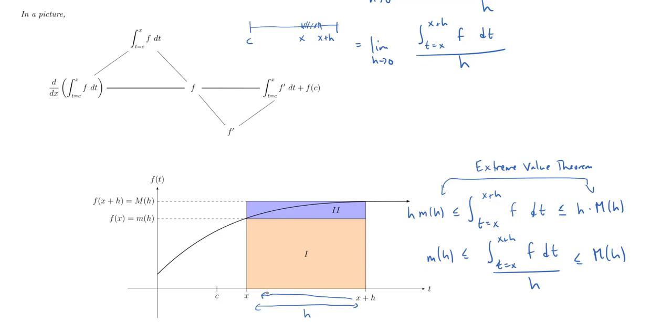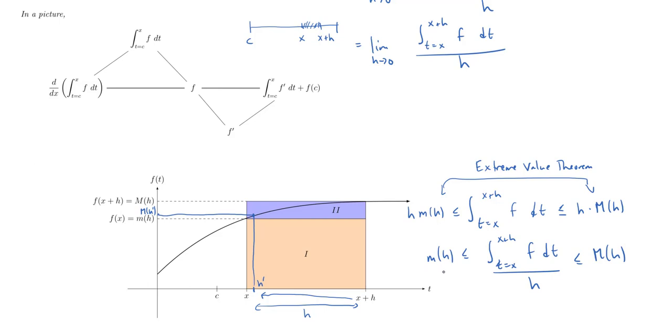But because f is continuous, those minimum and maximum values have to start getting closer and closer to each other. For example, let's say I made my h really tiny, so I started over here. Now you can see that the new m for this new h, maybe h prime, this would be your m of h prime. It's now much, much closer to little m of h. And in fact, in the limit, they're going to equal each other.